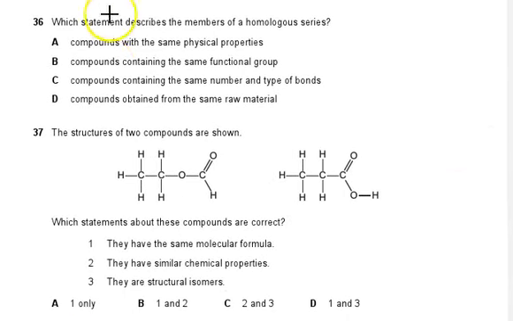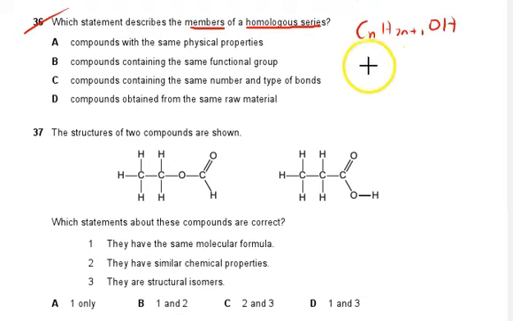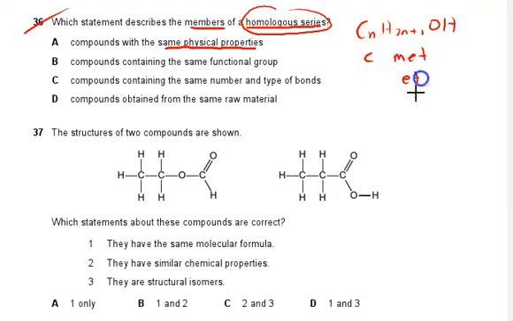Which statement describes the members of a homologous series? Homologous series means, for example, we have alcohols. All the members, like propanol, ethanol, everything, come under the same group. Compounds with the same physical properties is wrong, because when carbon is added, like methane, ethane, and propane, it is getting heavier.